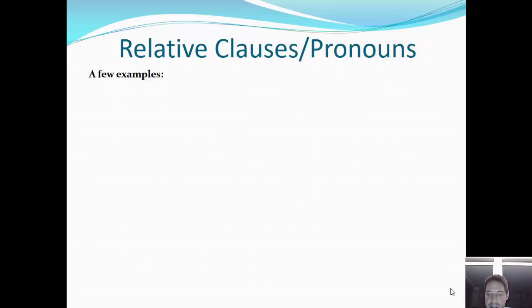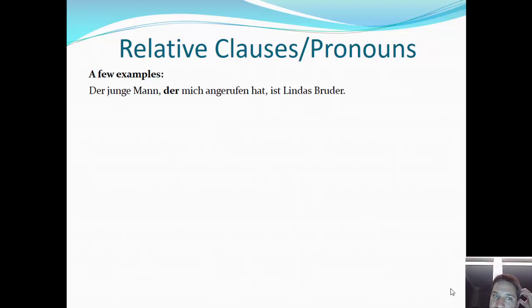Okay, let's look at a few other examples. This is what I was talking about, the sentence being broken into three segments. Der junge Mann, der mich angerufen hat, ist Lindas Bruder. If I were to break this down, I could almost say der junge Mann ist Lindas Bruder, but it flows better this way.